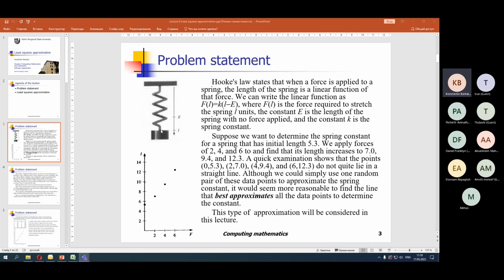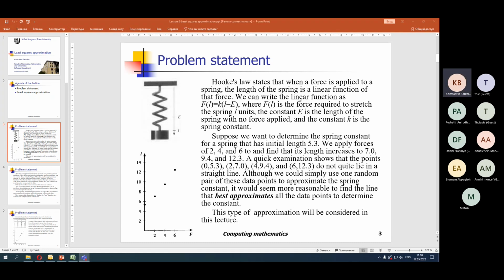If the force is zero, then the spring has some length. If we apply some force to the spring, then the length is increased.